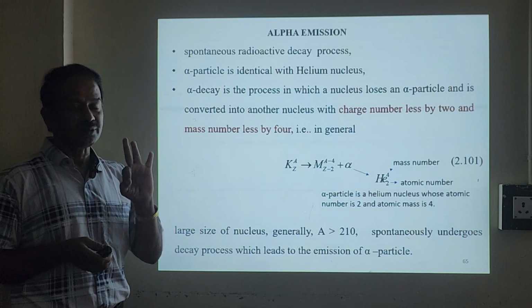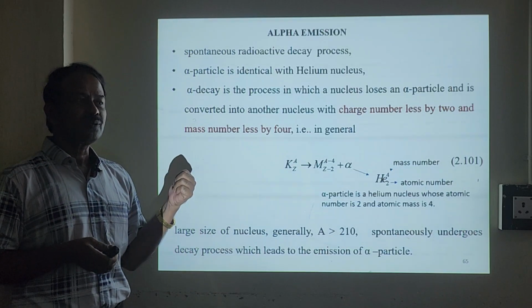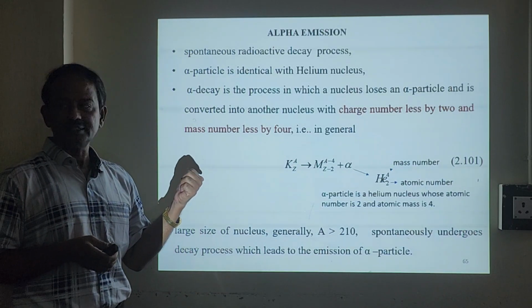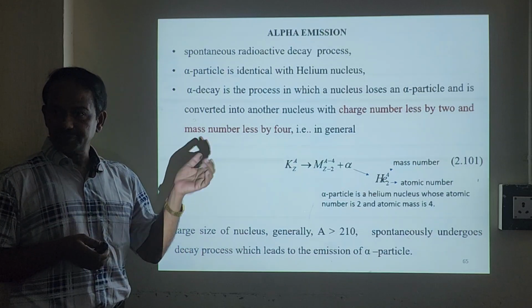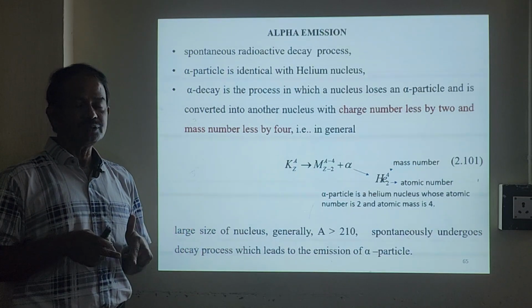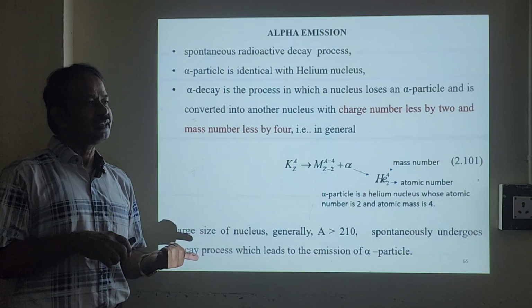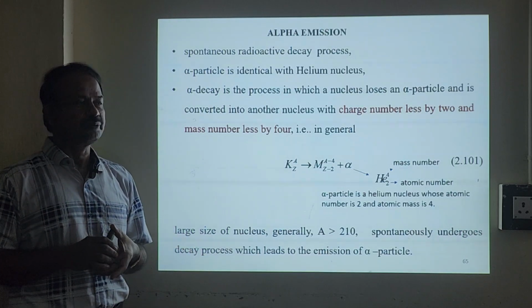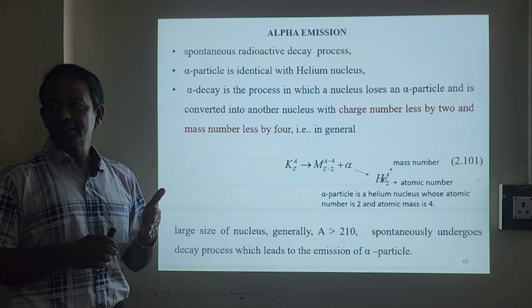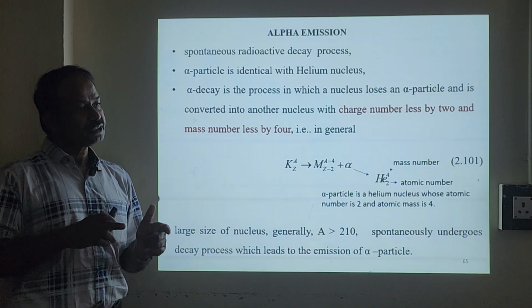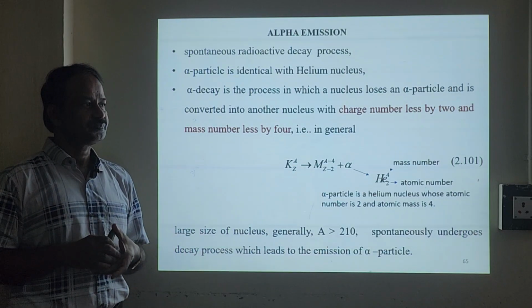There are three things we are going to learn. One is quantum tunneling, with the example of alpha emission. The second is how Gamow applied this theory to explain alpha emission. The third is the Geiger-Nuttall formula, which is related to alpha emission.